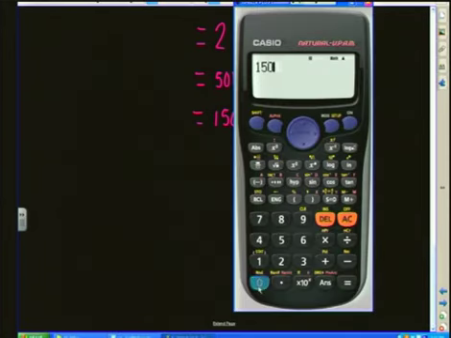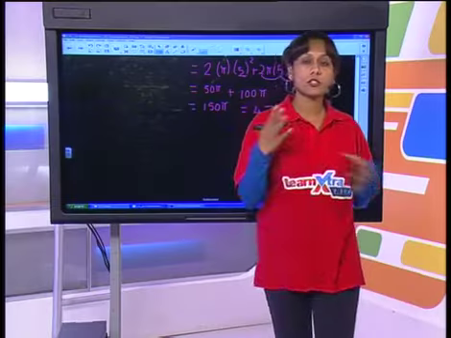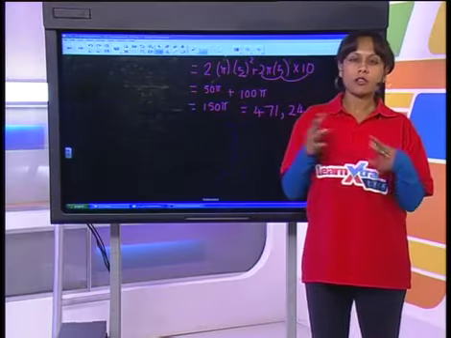So it's 150 times pi, and that gives us 471.24. Here we're dealing with area, so it's centimeters squared. That's the total surface area for the cylinder.